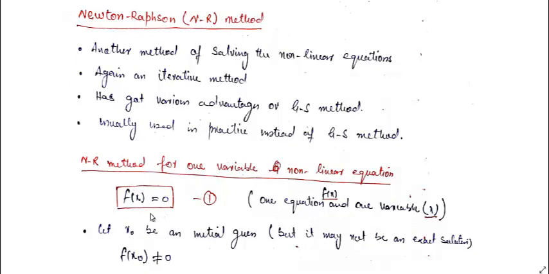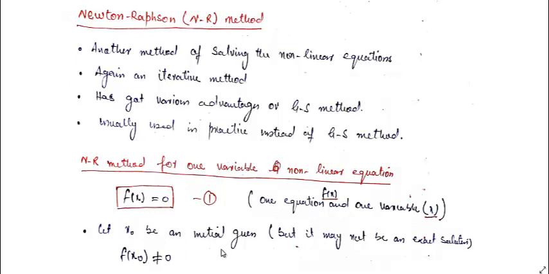Let us say we have a nonlinear equation f(x) is equal to 0. Here the equation is f(x) and the variable is x. As I have told you before, the number of variables should be equal to the number of equations.